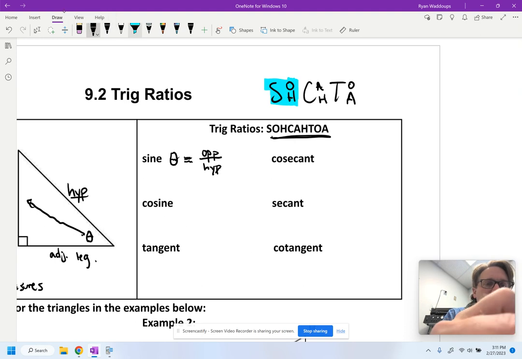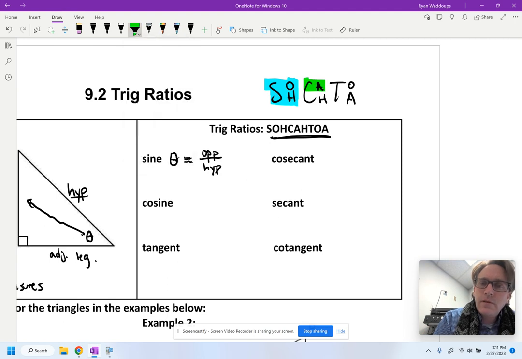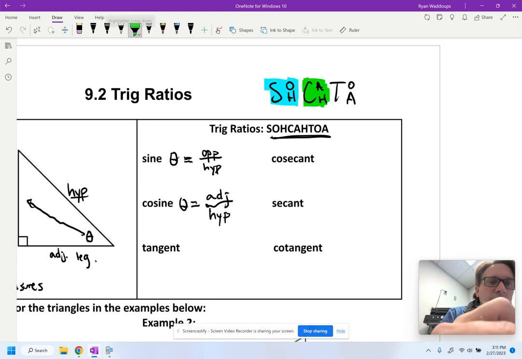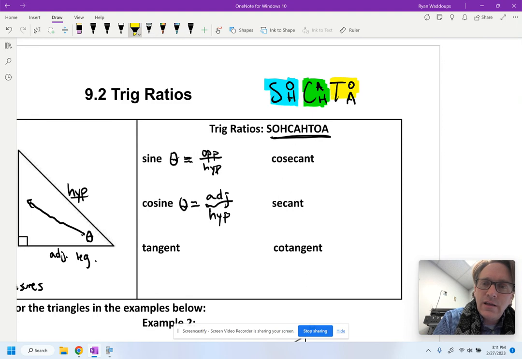And then we've got the cosine, and the cosine is CAH, so CAH, and that's the cosine of theta is the adjacent over the hypotenuse. And then we've got the TOA, O over A, that's the tangent.